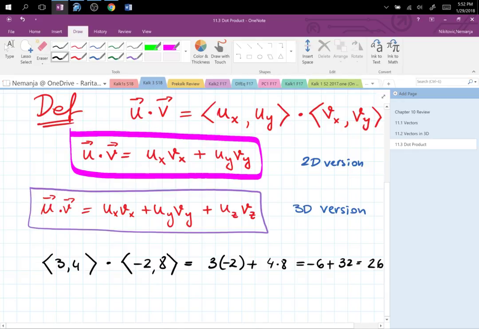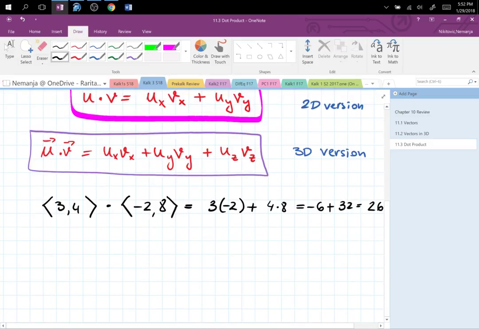All right, let's do the 3D case. So, how about the vector 3, -1, 2 dotted with the vector 1, 2, 3?